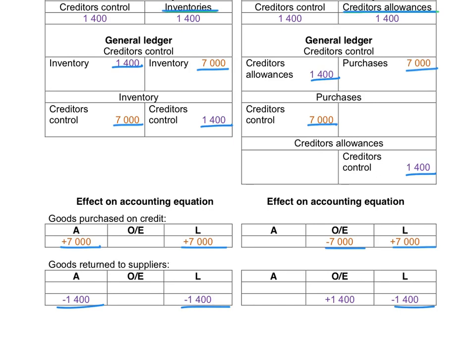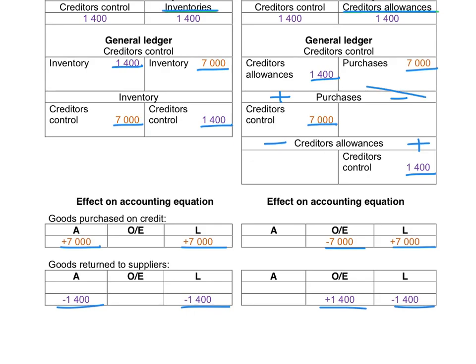Creditors' allowances is a nominal account, so it will affect owner's equity. Any expense on the debit side will decrease equity because the expenses decrease profits. Any income or expense on the credit side will increase the profit, so therefore the owner's equity increases with 1,400.